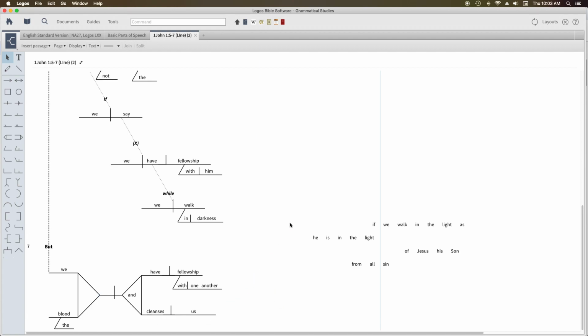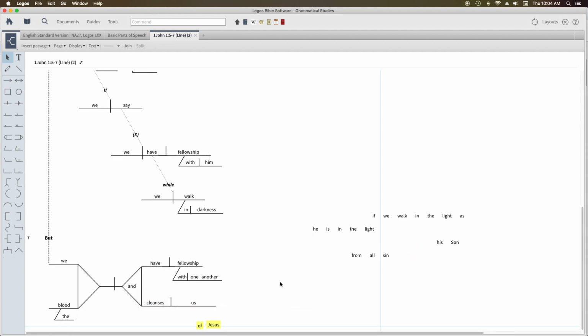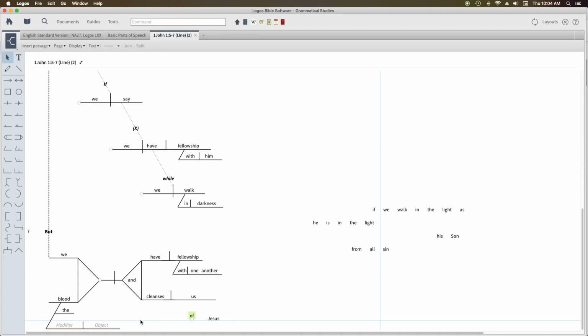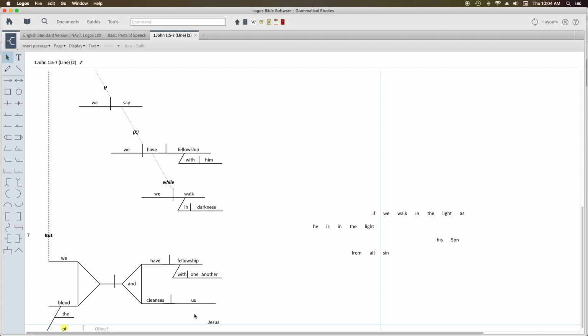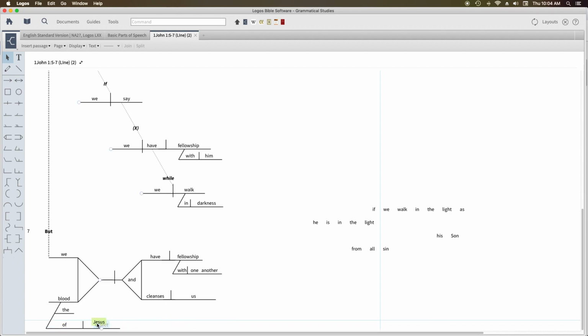Because technically in Greek, this would be a genitive. I'm not going to go over genitives, but I'm going to move this down here. But we're still going to treat it as a prepositional phrase. The blood of Jesus. So of is the preposition. Jesus is the object.